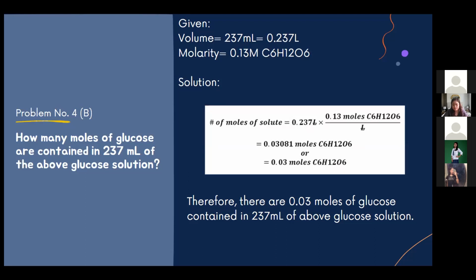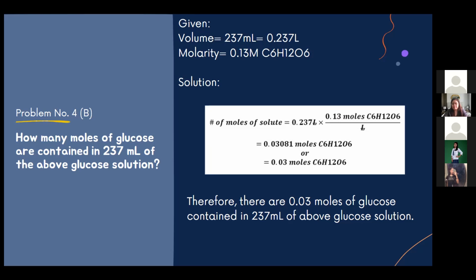We have the original formula of M equals number of moles over L of solution. So we are going to derive the formula. We will have the number of moles of solute equal to the molarity times L of solution.